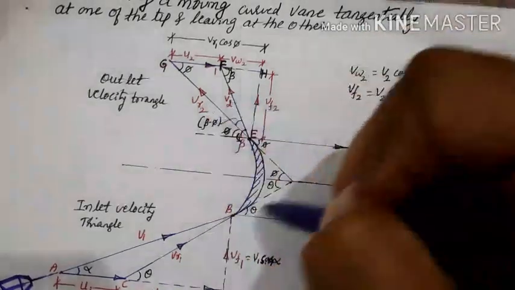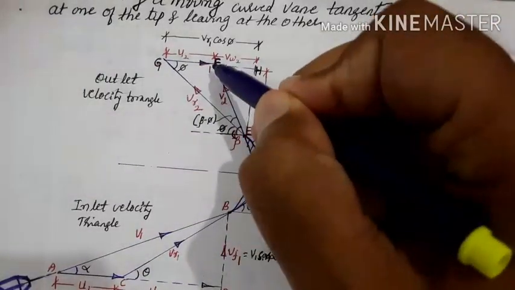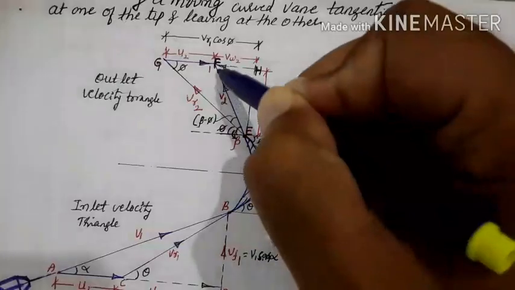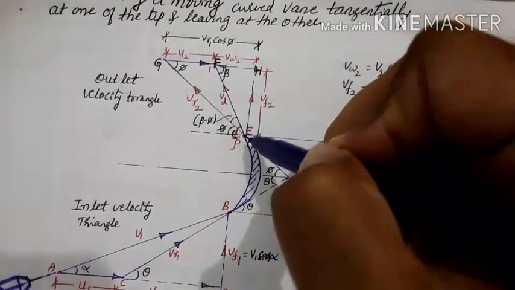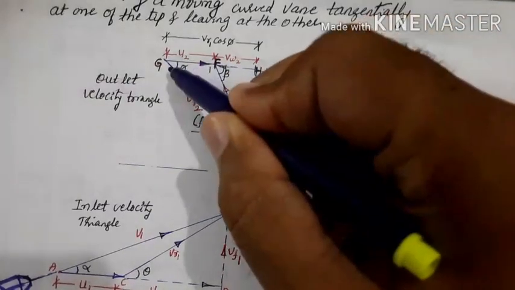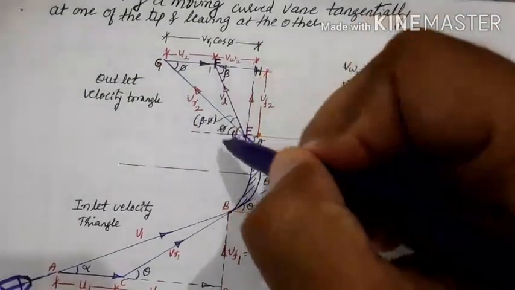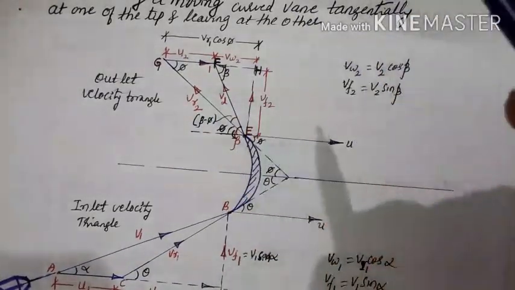Again the blade is taking a linear motion. Again at the outlet also you have to take the linear motion. Just mark this u2, then join this to this one. Then triangle EFG represents the outlet velocity triangle.